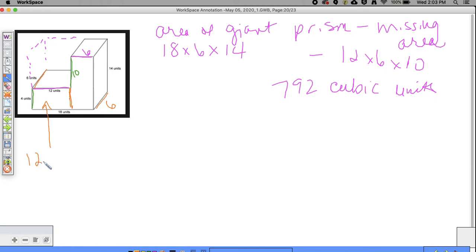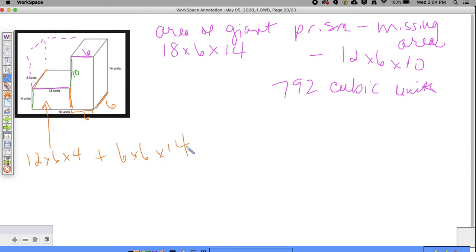So this would be 12 by 6 by 4, plus, if we wanted to get the volume of this right over here, this little piece we know is 6 by another 6 by 14. So 6 by 6 by 14, whoops, that should be times 14.